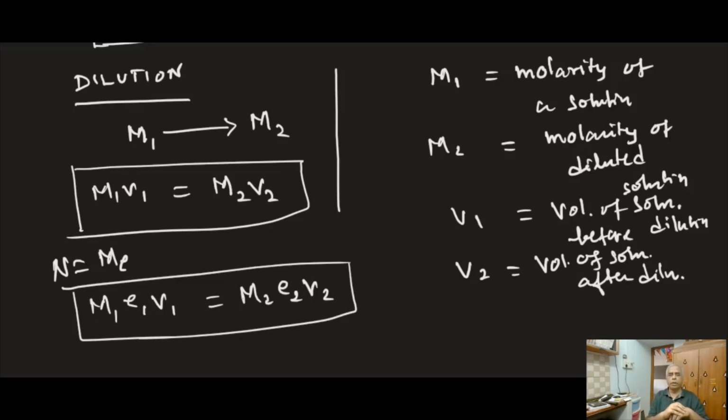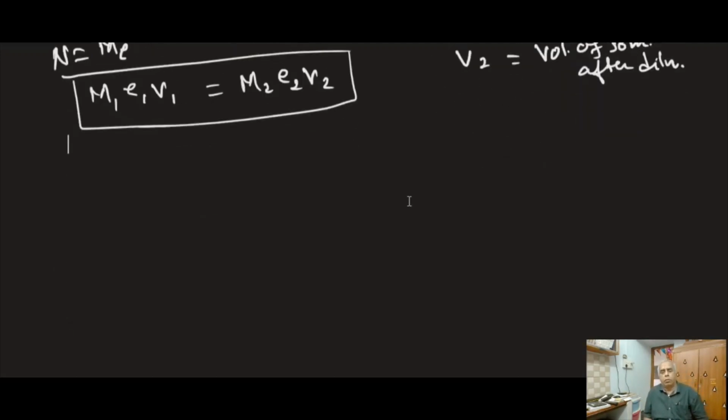So M1 E1 V1 is equal to M2 E2 V2. This is the equation of volumetric titration. Probably you would have been given in your laboratory practical potassium permanganate versus oxalic acid, which is the redox titration.